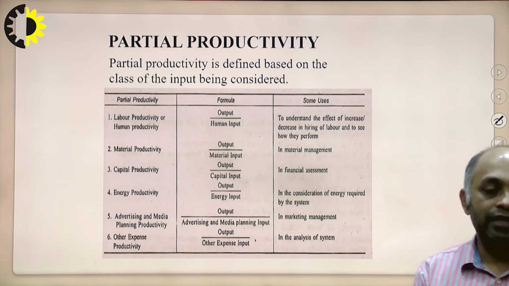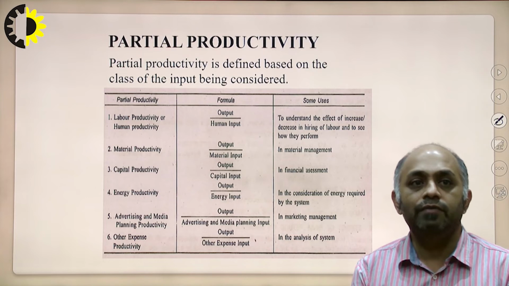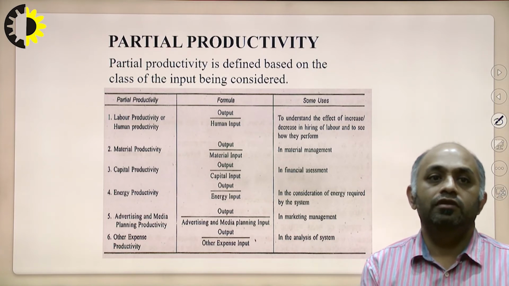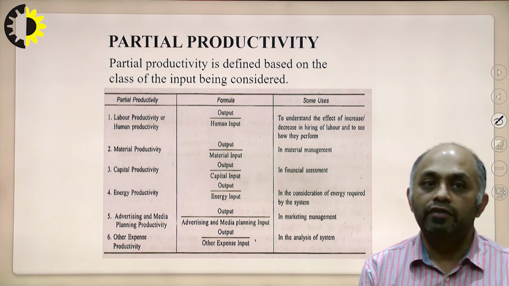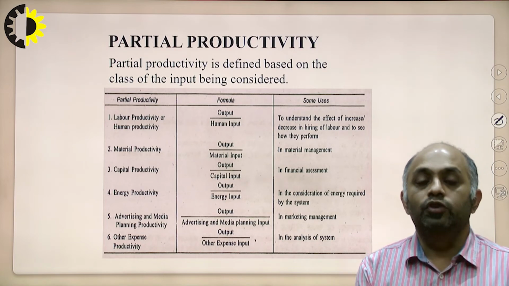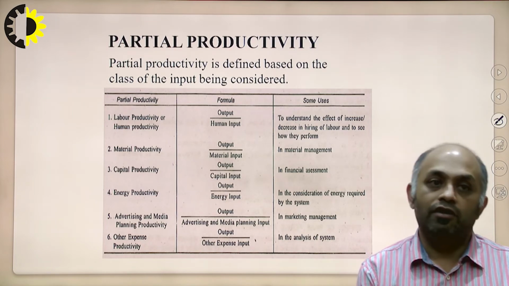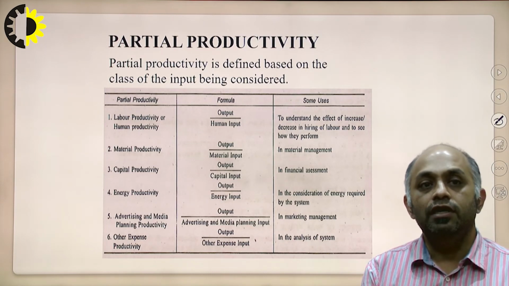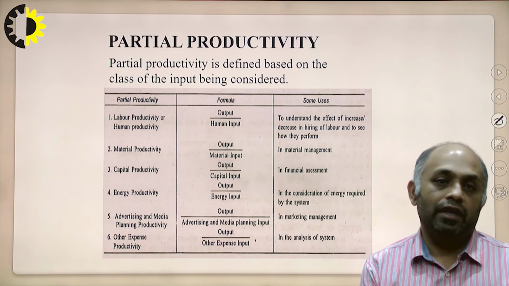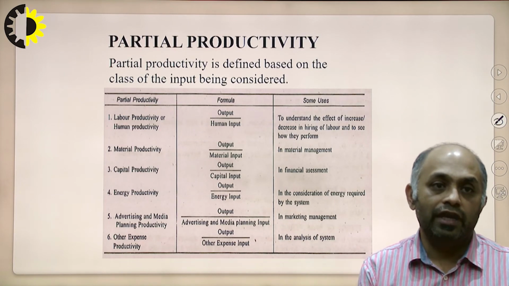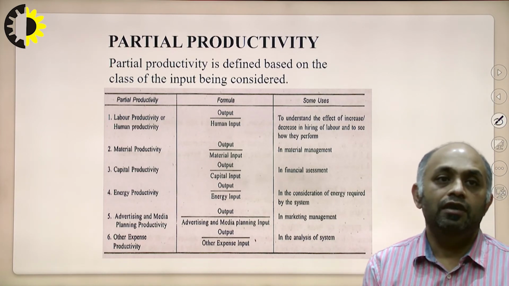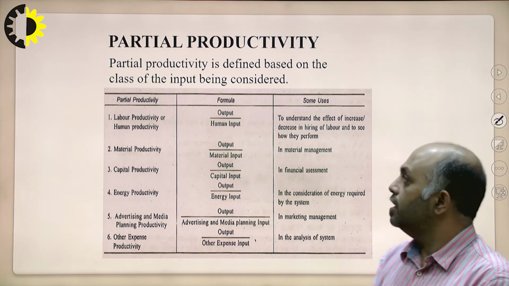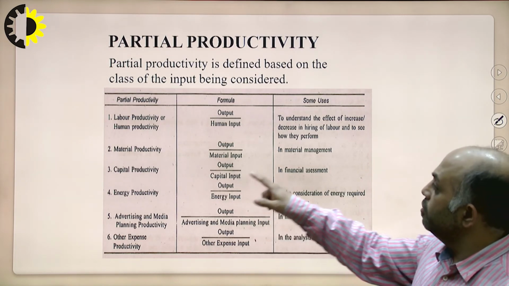Partial productivity is defined based on the class of input being considered. Whenever I take the input, the output is the total output that comes out. We can bifurcate and see how much my inputs are helpful in taking out the output. That is what partial productivity is all about. If I look at the table, I can see that there is labor productivity or human productivity.